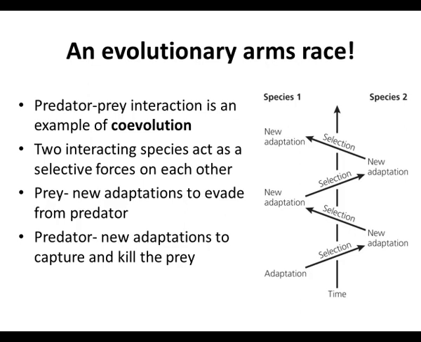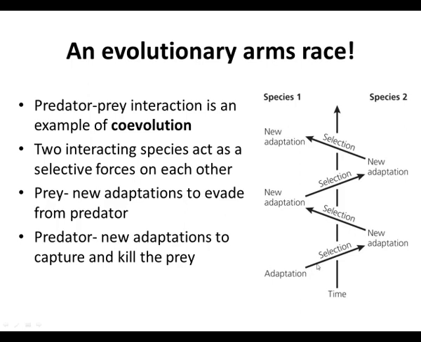So basically, two interacting species act as a selective force on each other. So if you look at this image, we have two species, species 1 and species 2. So species 1, let's say this is our prey. It's going to come up with new adaptations to evade from the predator.